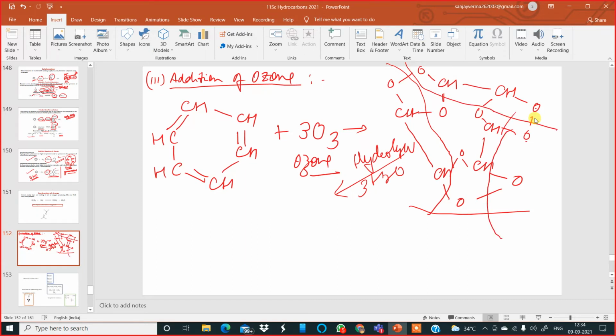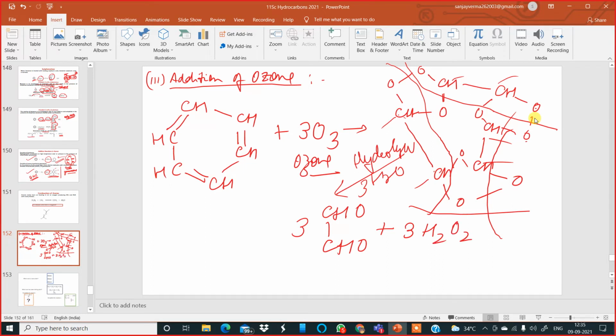So this breaking produces aldehyde molecules. Have a look at this. Aldehyde, glyoxal, two carbon atoms. Here also two carbon atoms. Here also two carbon atoms. So it is producing a total of three molecules of an aldehyde called glyoxal, CHO, plus it produces hydrogen peroxide.